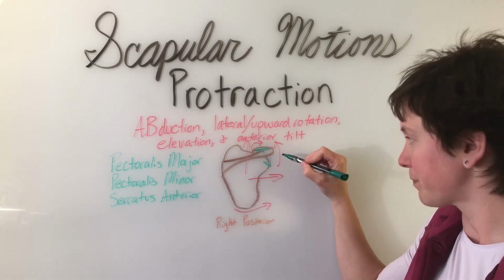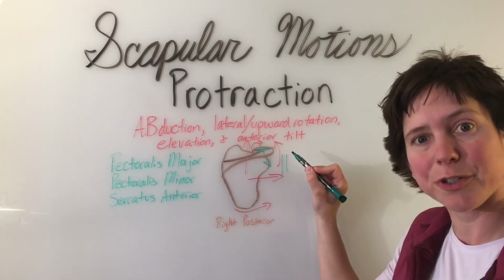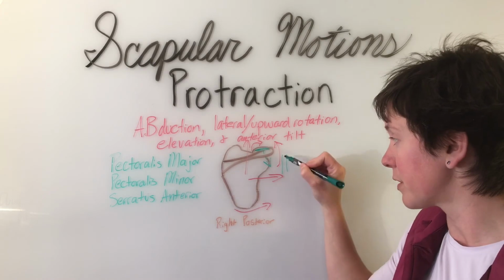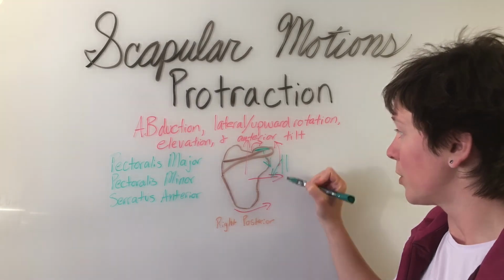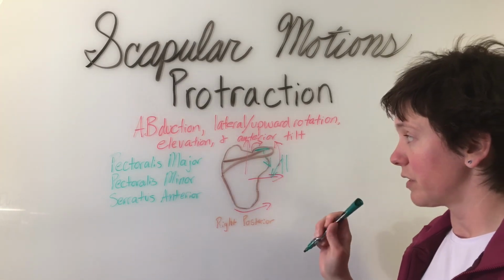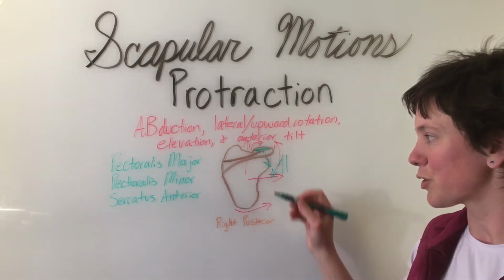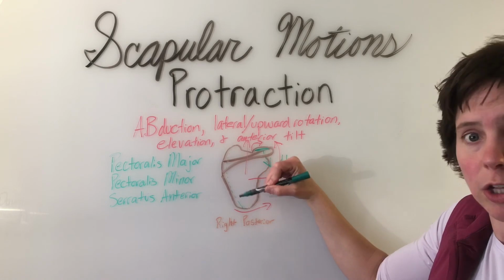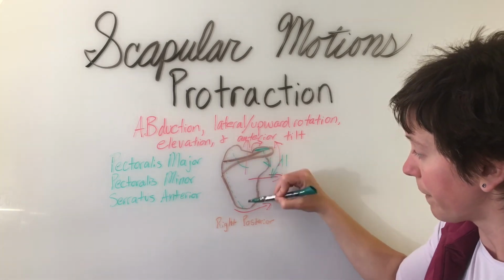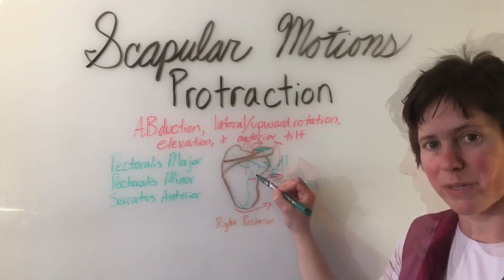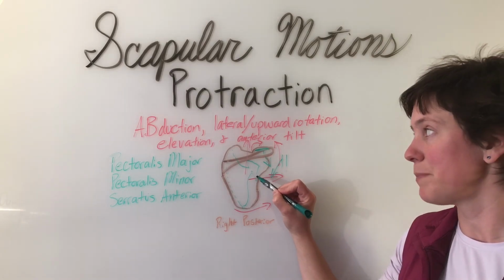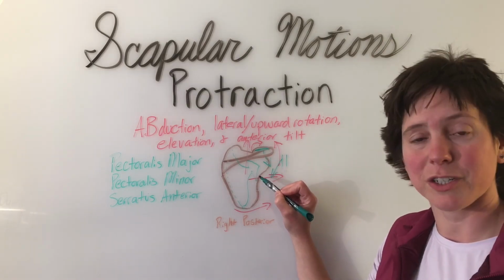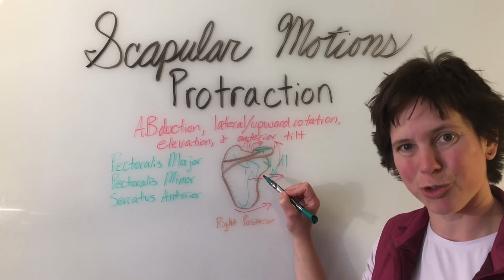Pec major attaches to the lateral lip of the bicipital groove on the humerus and will help also with that anterior tilt and rotation. Serratus anterior is on the anterior side of the scapula along the entire medial border. The serratus anterior will help with the abduction and the rotation to perform protraction.